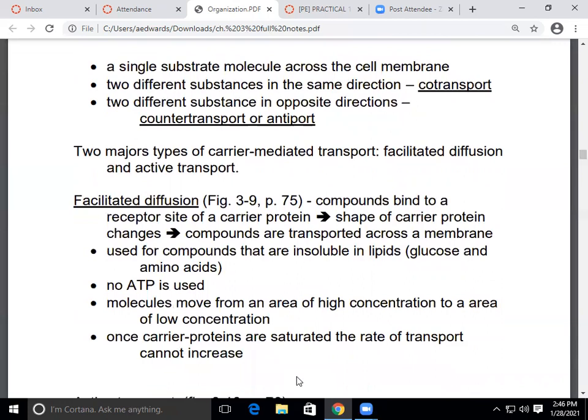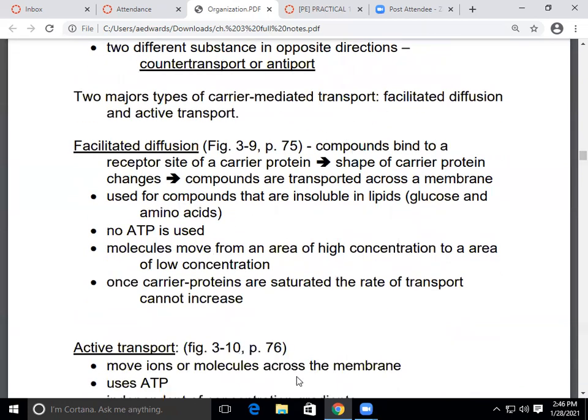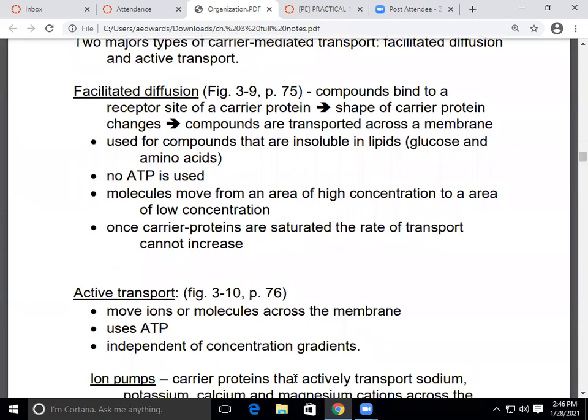All right, so now if we want to break down carrier-mediated transport even a little bit more, you've got facilitated diffusion and active transport. Facilitated diffusion is just a fancy term that means diffusion with a facilitator, okay? So a facilitator makes it easier, right?